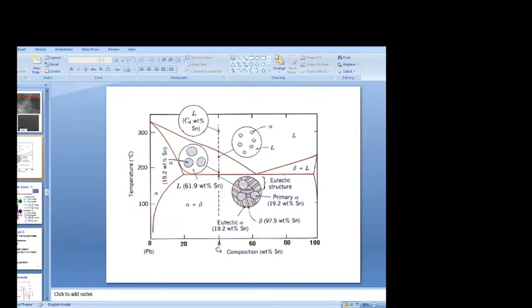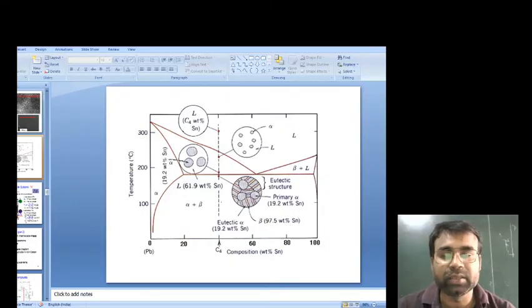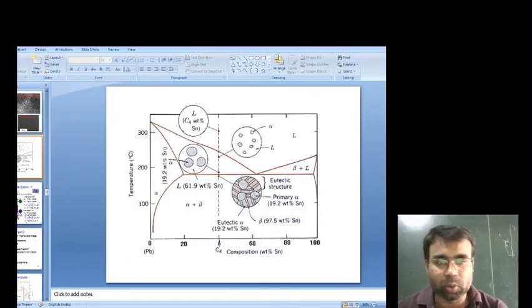So this can be explained in this particular equation, giving the resulting alpha phase particles and eutectic microconstituents, which is showing here.